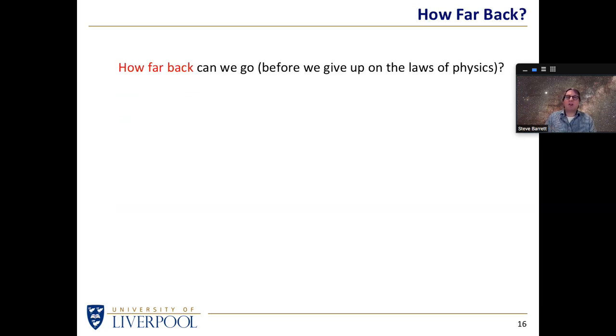And we can ask ourselves the question, well, if we think it came from a Big Bang, how far back in time can we go towards that Big Bang before we say, well, we don't really understand whether the laws of physics that we think we understand actually still apply? Of the first 13.8 billion years of history, i.e. from zero up to now, how far back can we go?